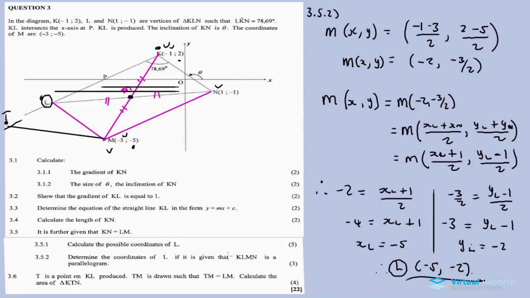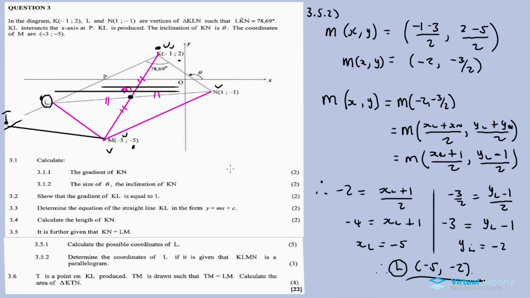Where's LM? So this TM is equal to that LM. Calculate the area of triangle KTN.